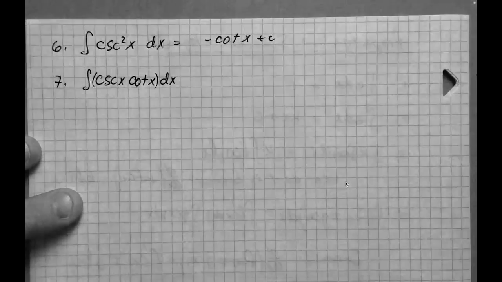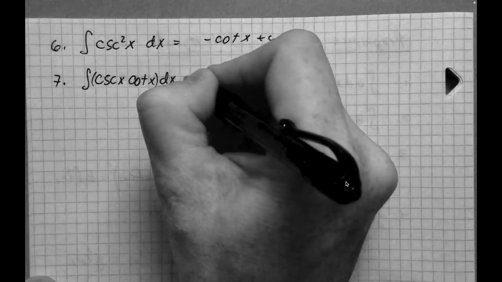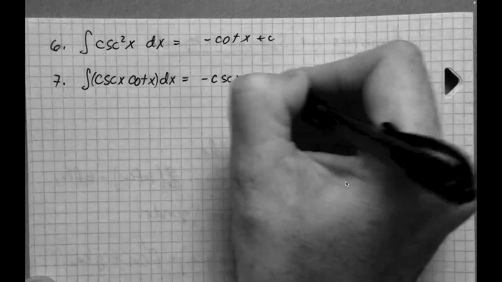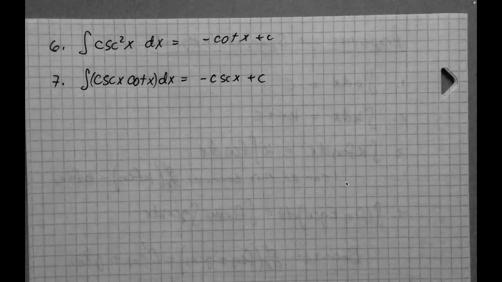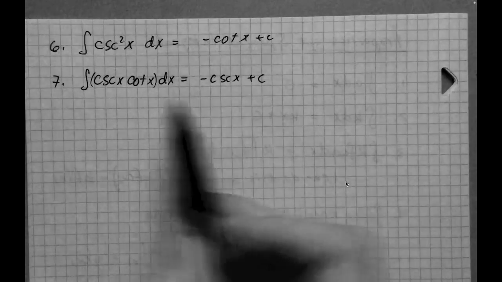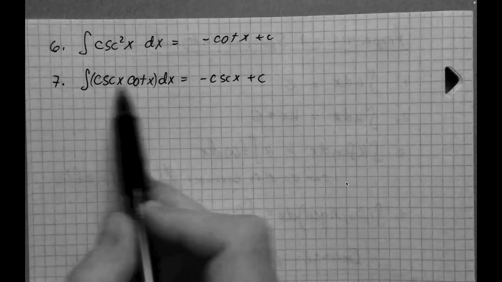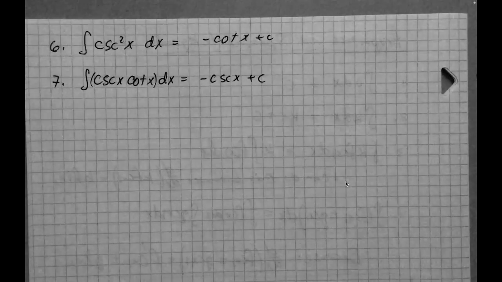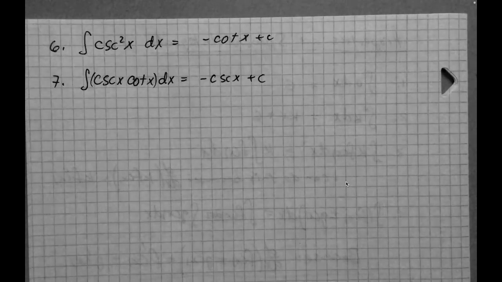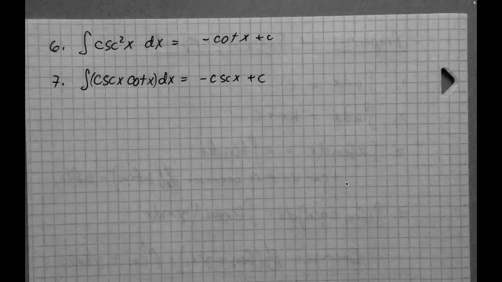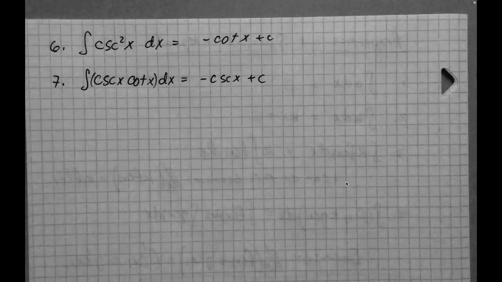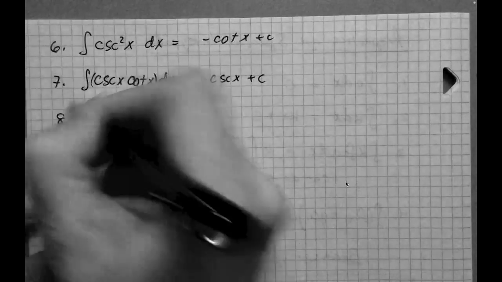The integral of those two multiplied together is negative cosecant x. And again, this one is because the derivative of cosecant is negative cosecant cotangent. That's the differentiation formula that we derived in Calc 1, and so we can use that fact to identify this integral.